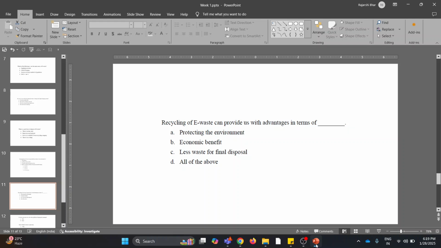Now, recycling of e-waste can provide us with advantages in terms of what?